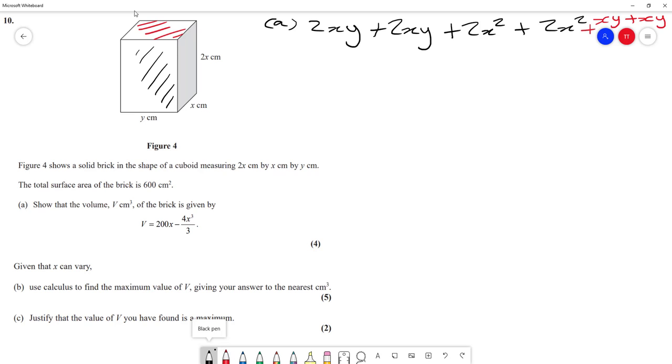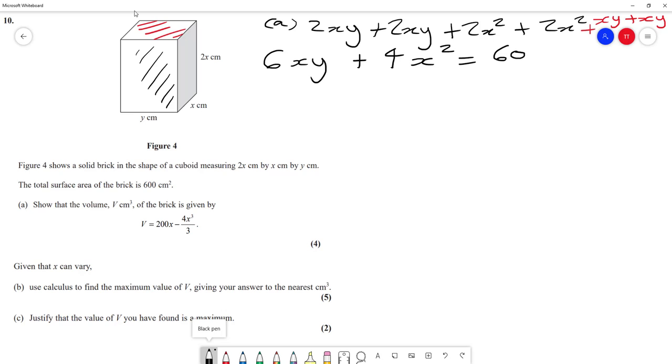Now, if I simplify this down, I get 2xy plus 2xy, and I've got another set of 2xy here. So that gives me 6xy in total. Then 2x squared plus 2x squared gives me 4x squared. That is what my total surface area of the block is. Now that's equal to 600.